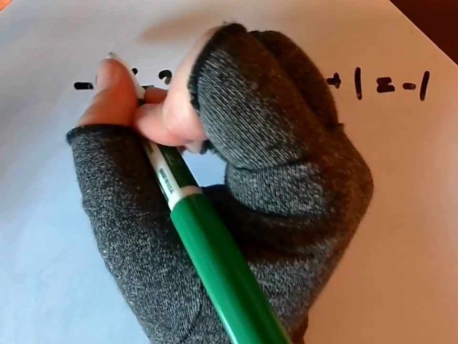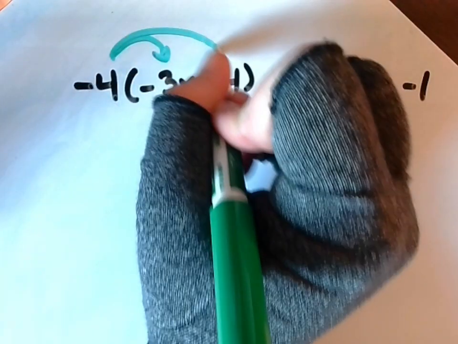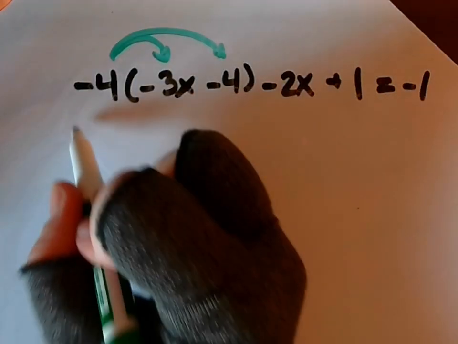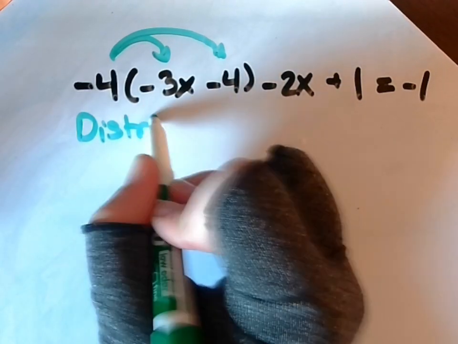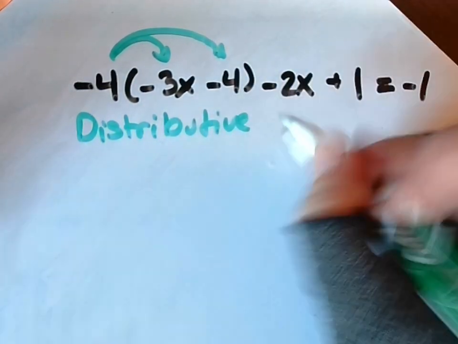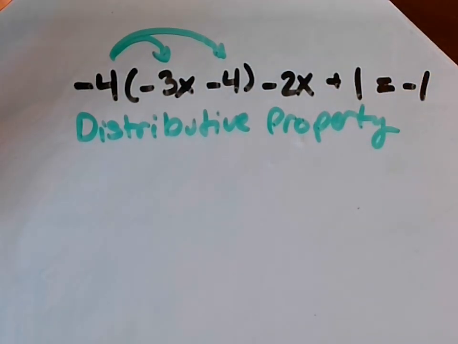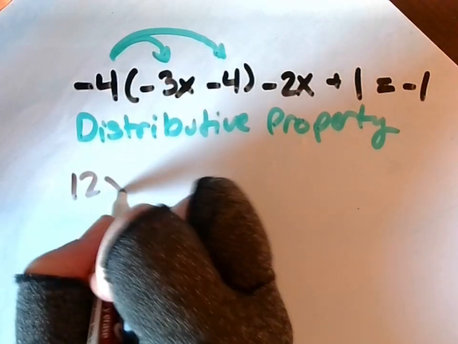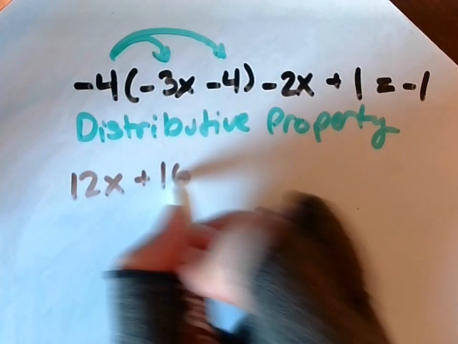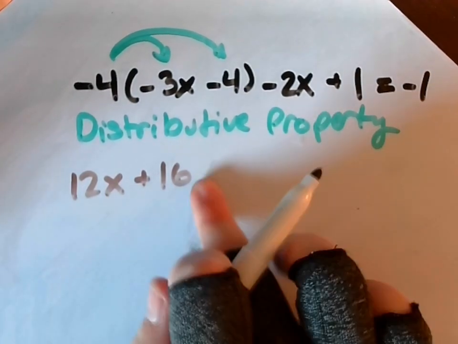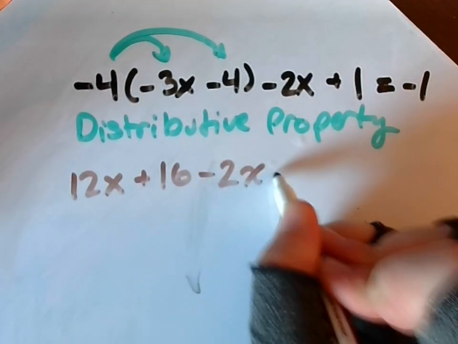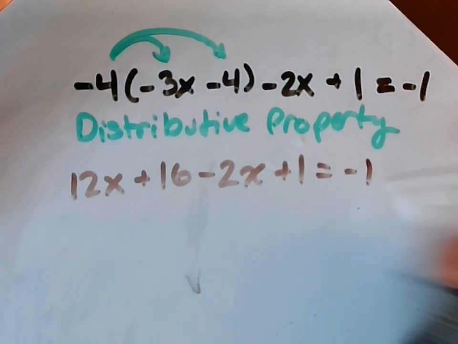We want to deal with those. So we are going to draw our arrows and do our multiplication. We are distributing. We are using the distributive property. So that gets us 12x plus 16, oops, not equals, minus 2x plus 1 equals negative 1.